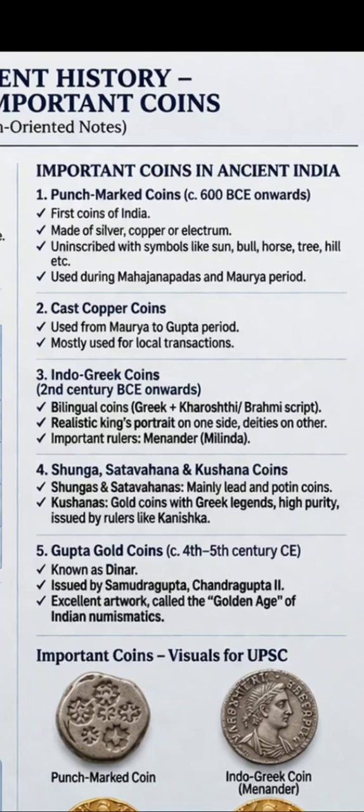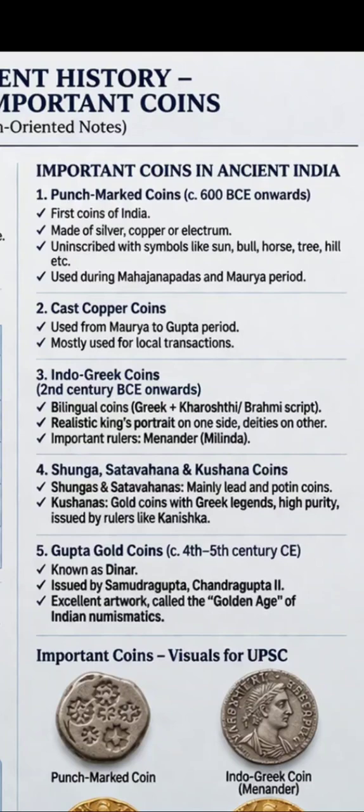They are the first coins in India, made of silver, copper and electrum, uninscribed with symbols like sun, bull, horse, tree, hill, etc. They were used during the Mahajanapadas and Maurya period. This is very important.